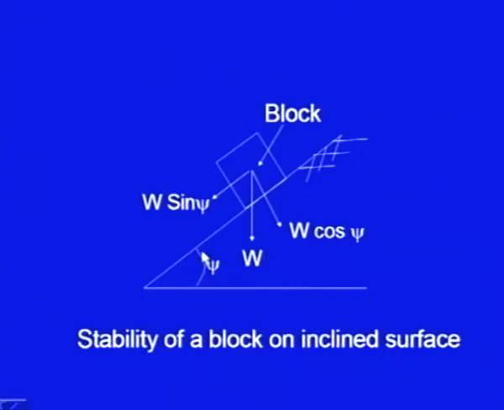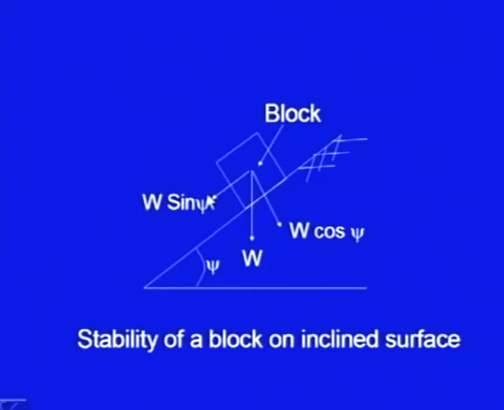So, if psi is small, a frictional force is going to develop here. The maximum value, as I told, will be mu into R, but that will be the limiting value. The mobilized value will depend on this particular component.